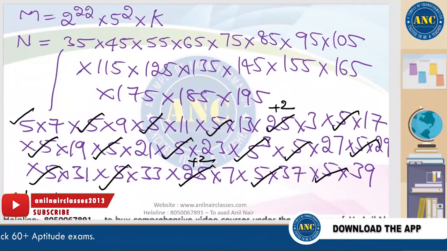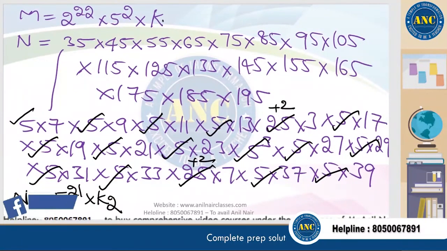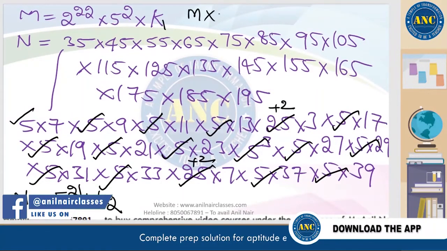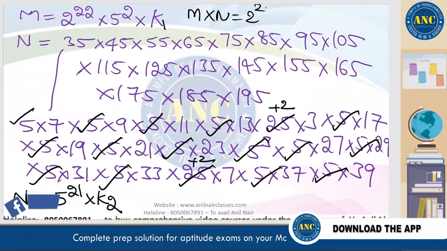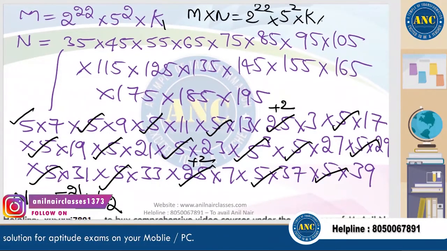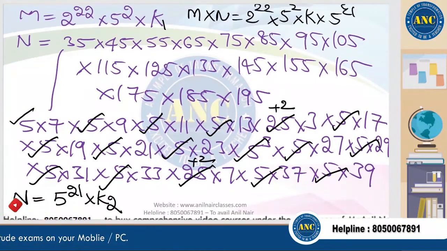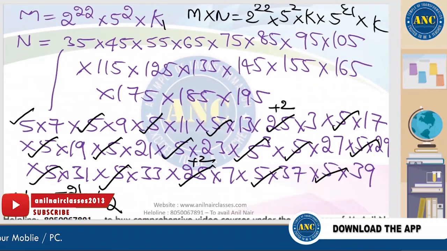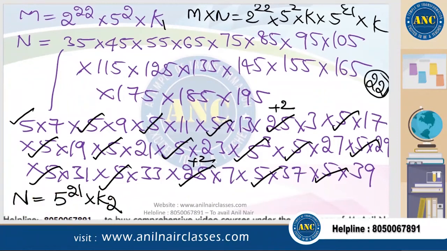N is nothing but 5 power 21 into K2. If I multiply m into n, 2 power 22 into 5 power 2 into k into 5 power 21 into k. 23, 22. What is the lowest? 22. Now I am sure it is clear to you.